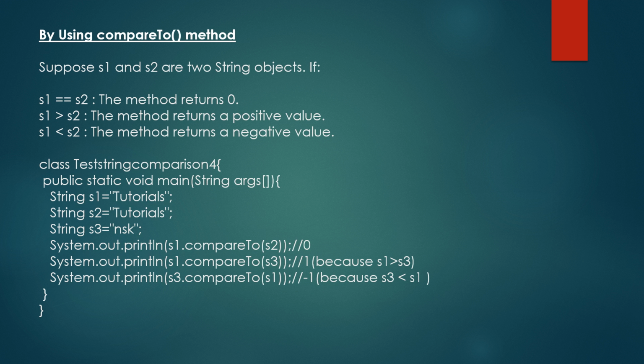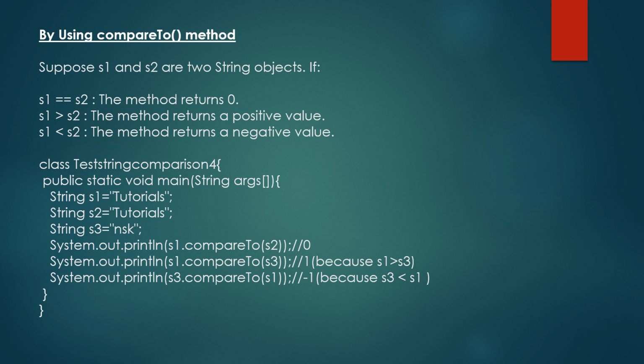The third one is by using compareTo. This compareTo is used to compare the strings. This can be used in three different ways. If you take an example, I have three objects. Object 1 is tutorial, object 2 is tutorials, and object 3 is NSK.